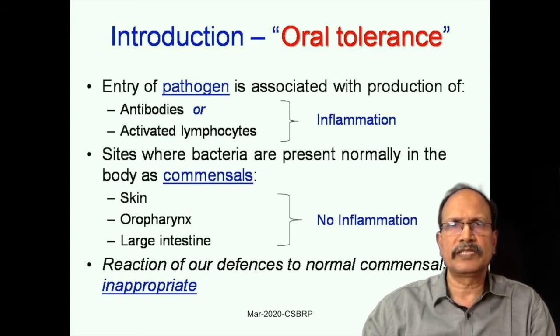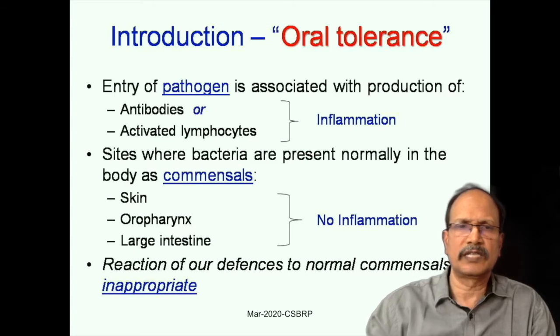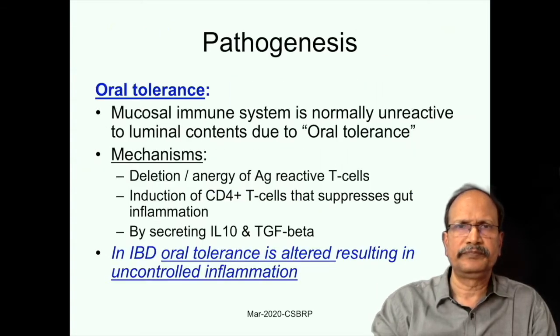These bacteria are called commensals, which are present in the skin, oropharynx, and large intestine. If we react towards these normal commensals with inflammation, then our reactions are considered inappropriate.